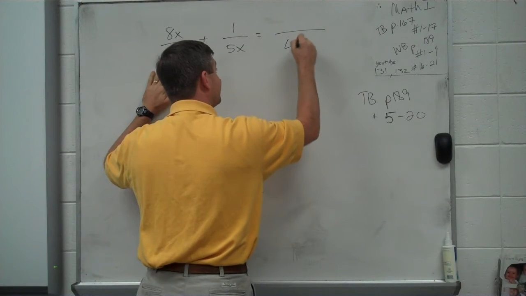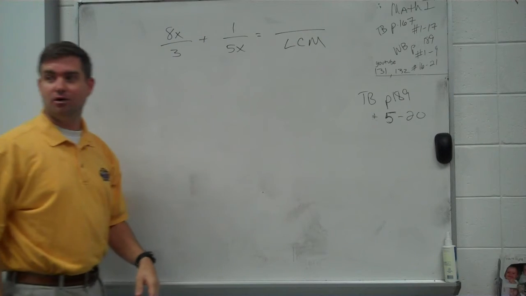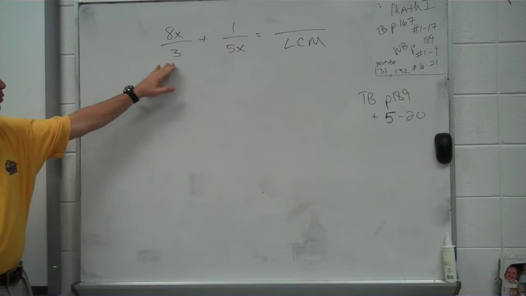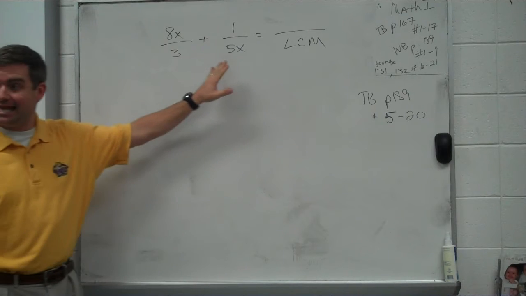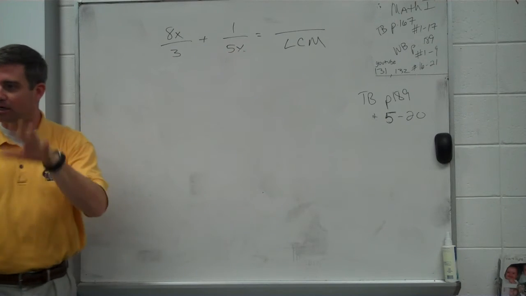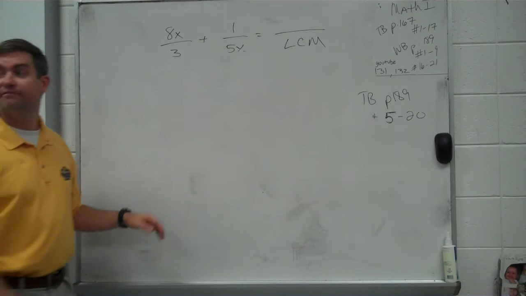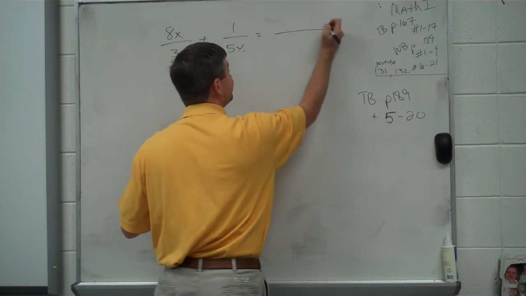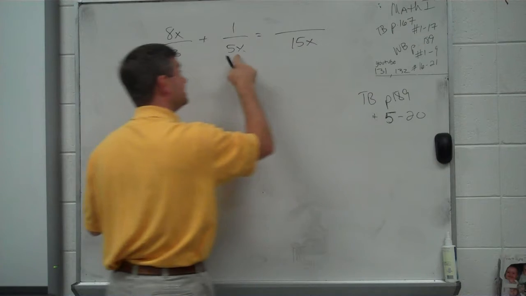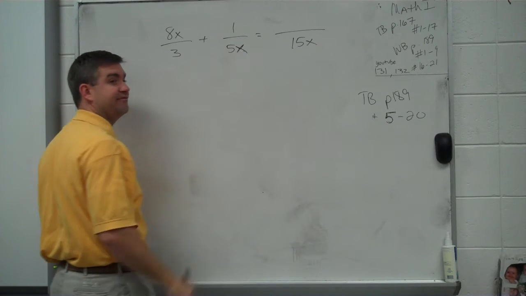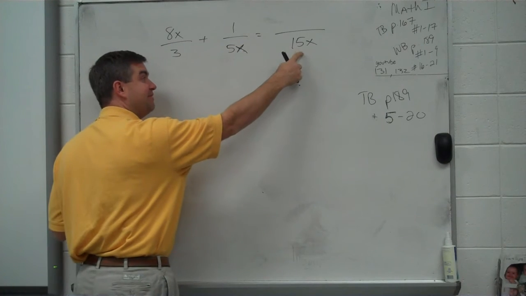So the first thing we've got to do is figure out the least common multiple. What number will 3 go into and 5x go into? The smallest value that both of those will go into. What is it? 15? Not 15, 15x, because 5x won't go into just plain 15. So I need it to be 15x.